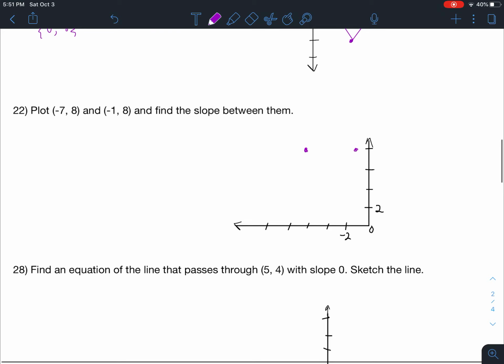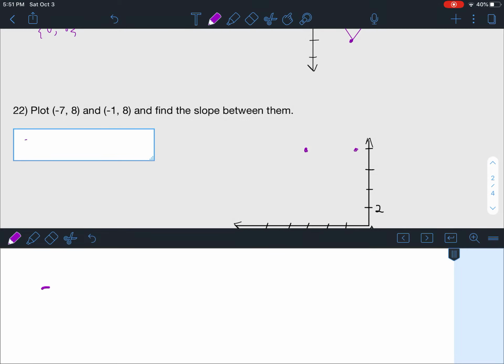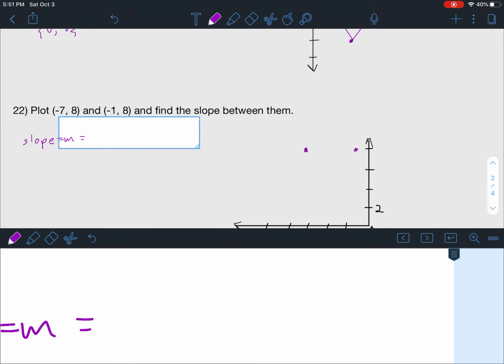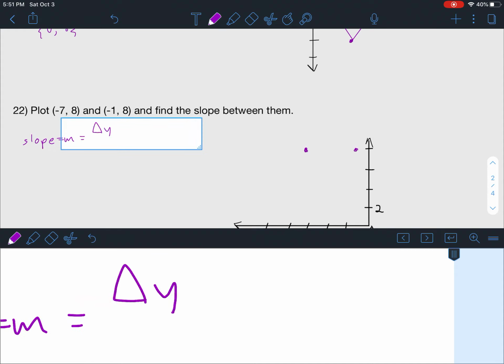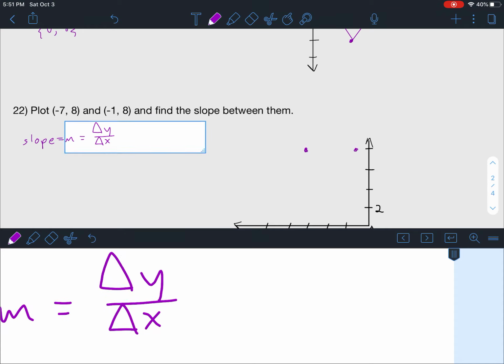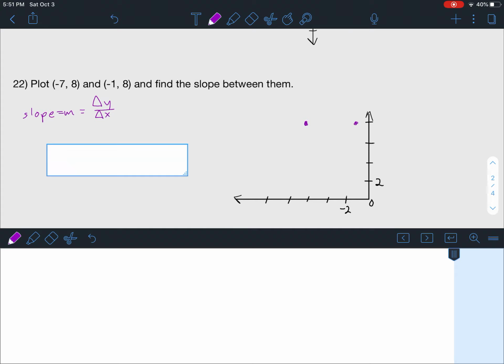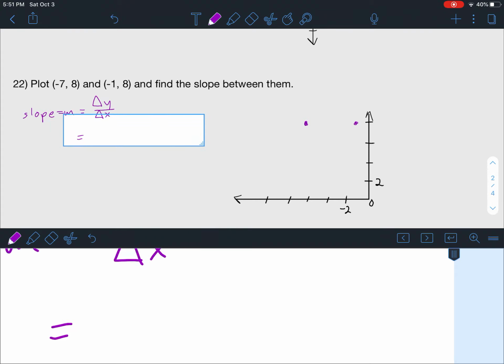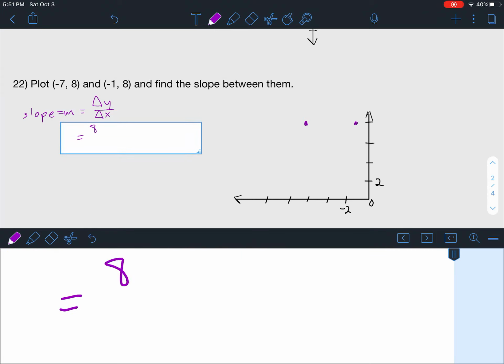So to find the slope between them, slope equals m equals the change in y over the change in x. So to plug that in here, the slope is equal to the y-coordinate of the first point minus the y-coordinate of the second point. So that's 8 minus 8 divided by the x-coordinate of the first point minus the x-coordinate of the second point.